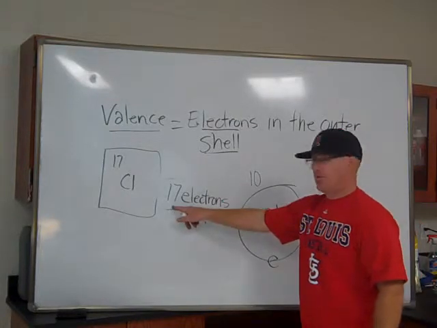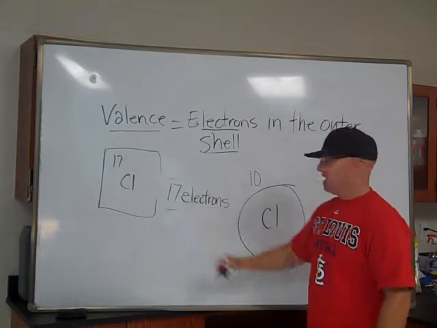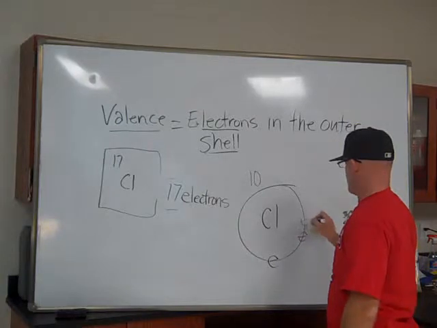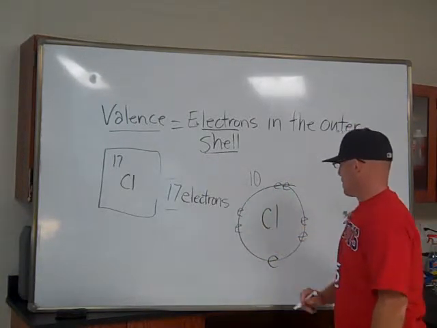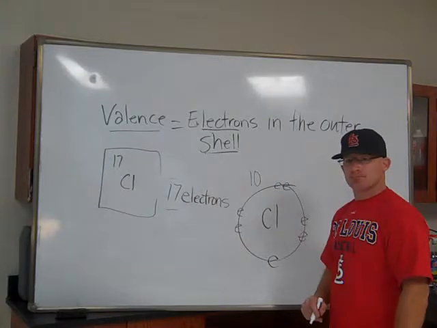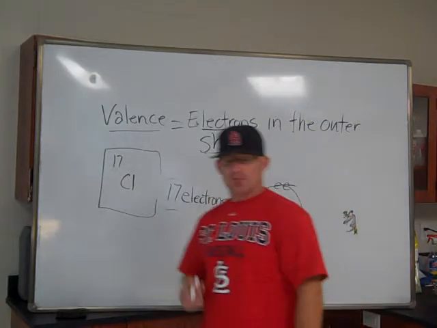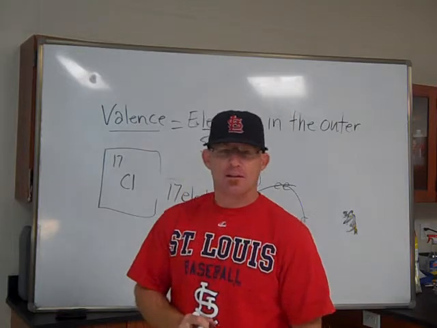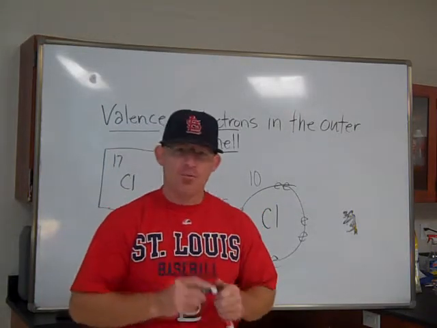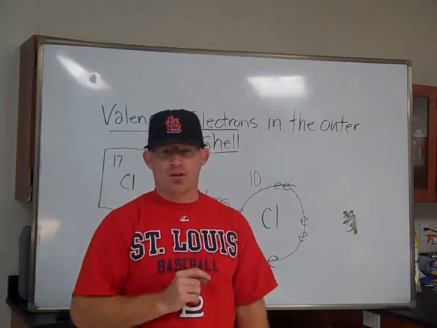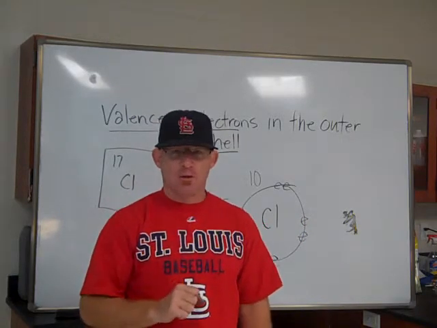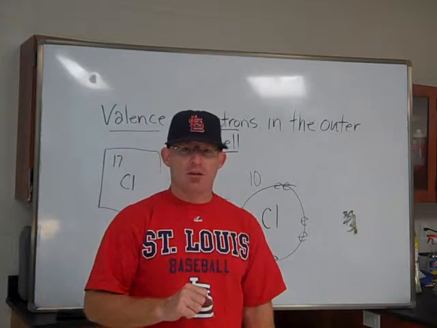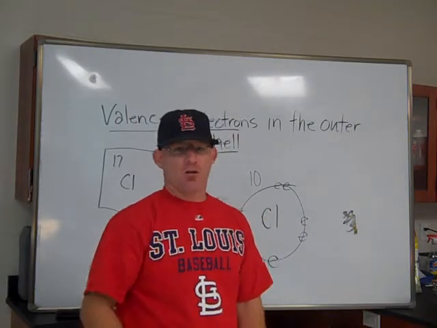It's got 17 total. So 17 minus 10, it's going to have 7 electrons in its outer shell. In its valence shell, it has 7. And so how many would it take to fill it up? You can put 1 more in that outer shell. Turn the video off, finish that table with your periodic table, and then when you're done, turn it back on. We're going to go to bonding.